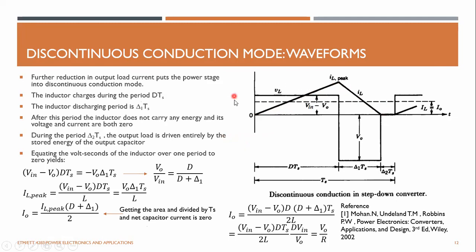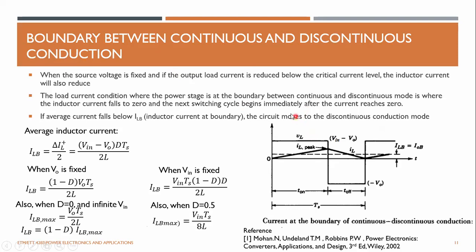That's called the discontinuous mode. At the boundary between continuous and discontinuous mode, the inductor current in the charging phase starts from 0 and reaches here, and in the discharging mode, it goes back immediately to 0.